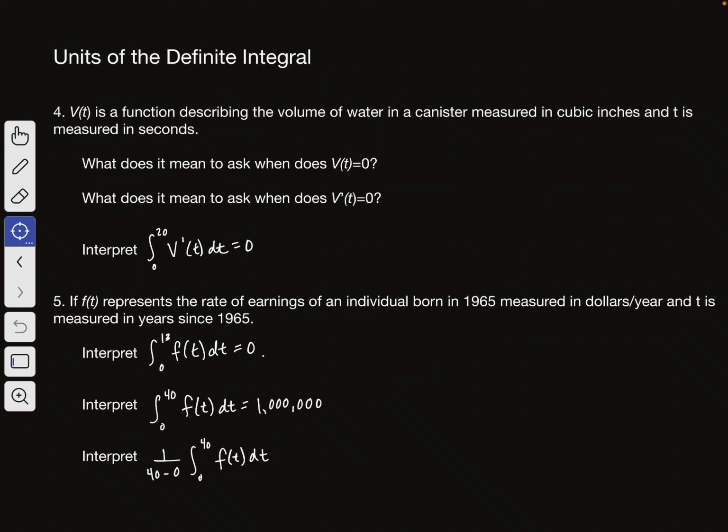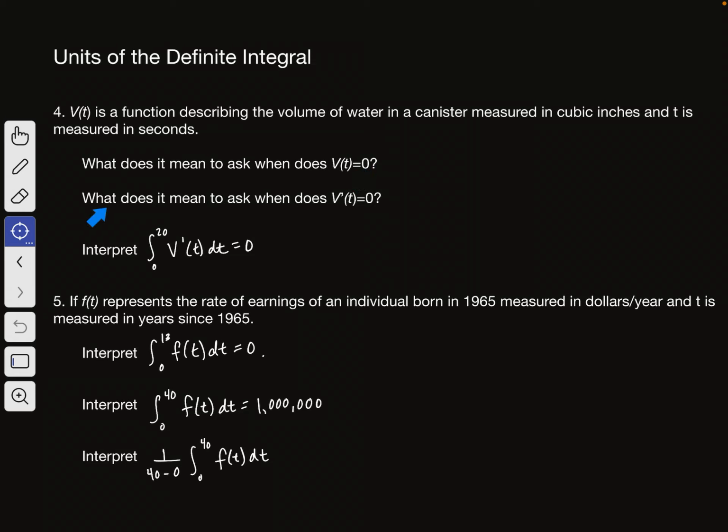Okay, couple more. V of t is a function describing the volume of water in a canister measured in cubic inches, and t is measured in seconds. What does it mean to ask when V of t equals 0? Well, V of t is the volume of water. And so we're looking for when the volume of water is 0. So when is the canister empty?